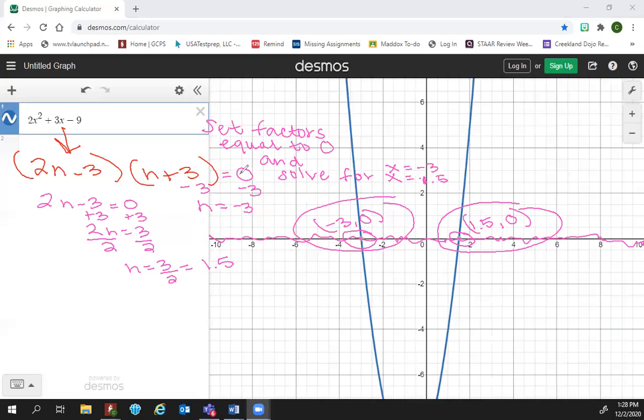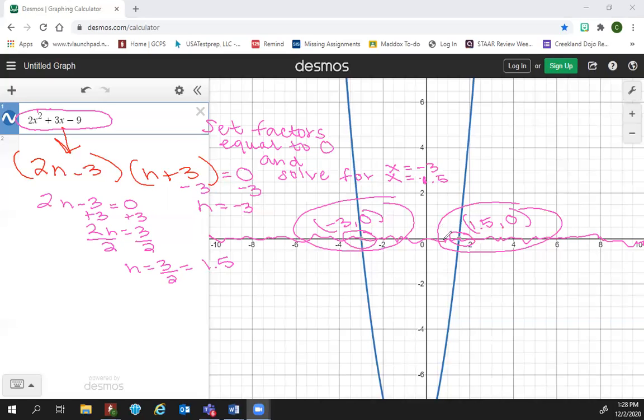Because sometimes they will give you a quadratic equation, and sometimes they'll ask you for the factors. But then other times they'll ask you for just the answers. And you have to know how to do both. Because if I ask you for just the answers, can you use Desmos?